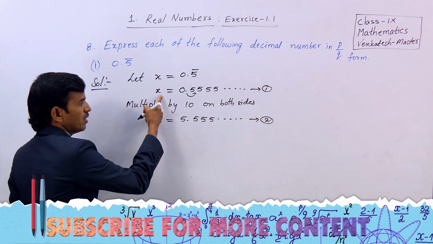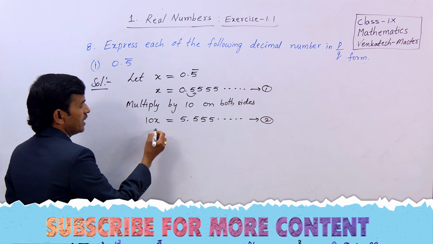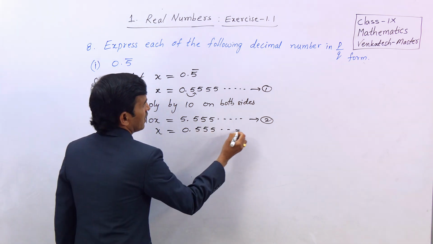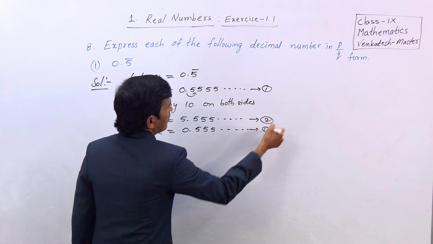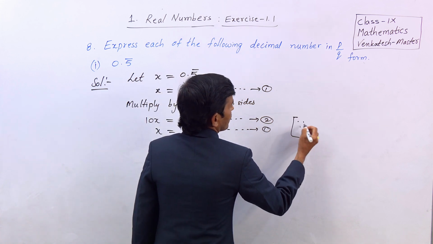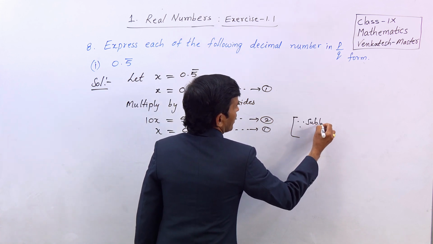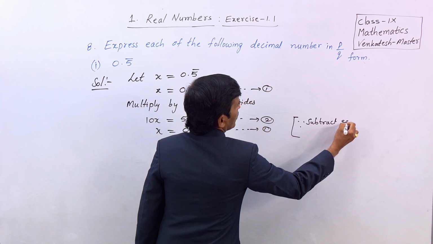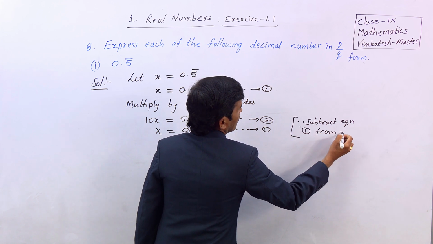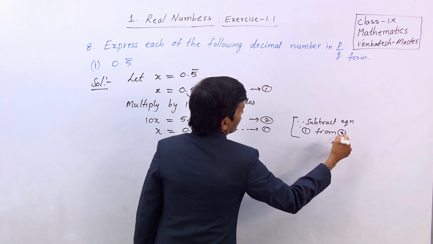Subtract equation 1 from equation 2. That is, x is equal to 0.555 and so on, this is equation number 1 we are going to subtract from the second equation.